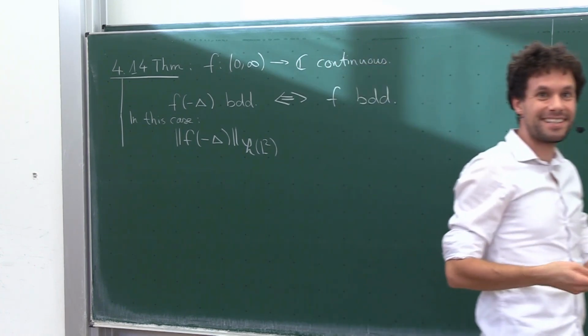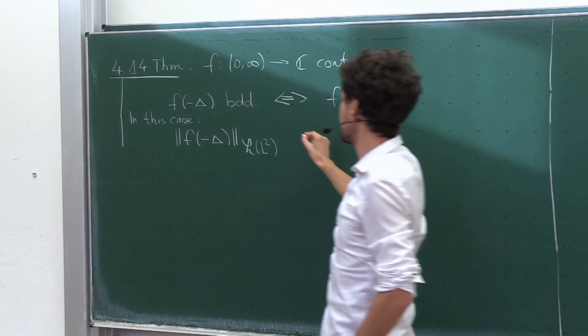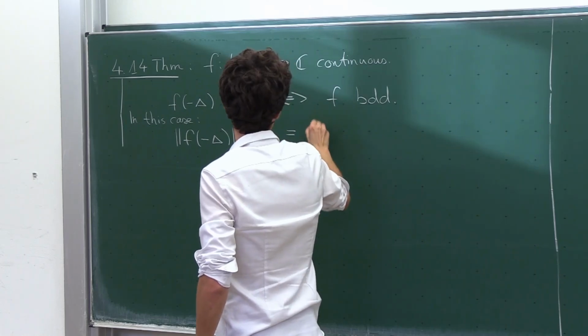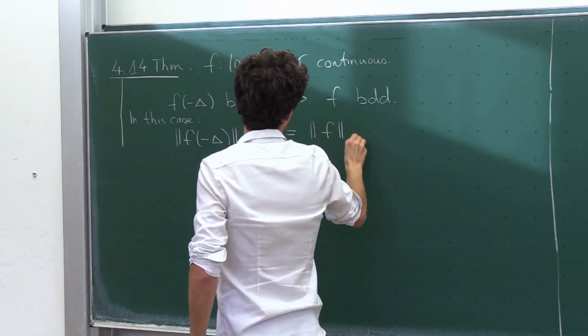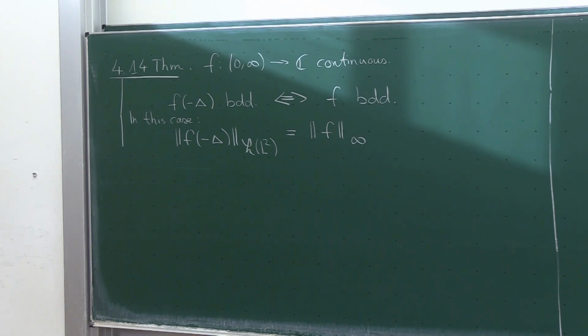It is precisely the operator norm of this multiplication operator, which is the essential sup of the multiplying function, which in this case is the same as the sup of f. So the operator norm is precisely the L infinity norm of f.